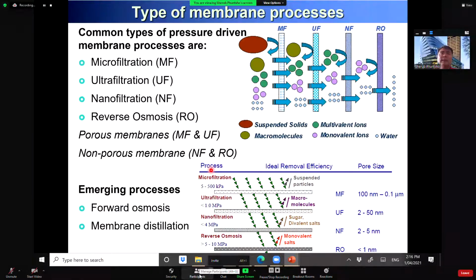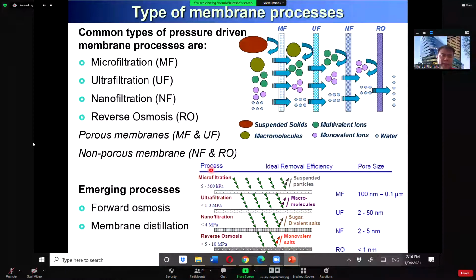Everything has a membrane. That cell membrane regulates the flow of water and the ions through the membrane. Based on that concept, we also try to engineer that to not only treat the water but also to generate energy. So this is some of the emerging technologies being developed.